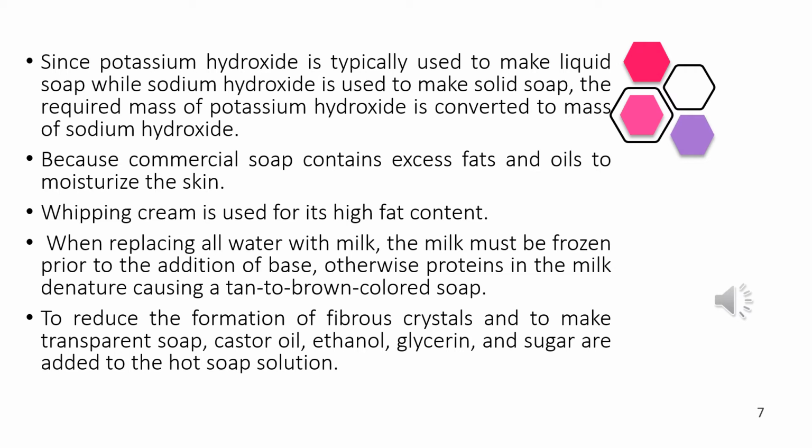In this way, the required mass of potassium hydroxide is converted to the mass of sodium hydroxide, because commercial soap contains excess fats and oils to moisturize the skin. So, there are excess fats present in the commercial soap. These excess fats and oils give moisturization to the skin.